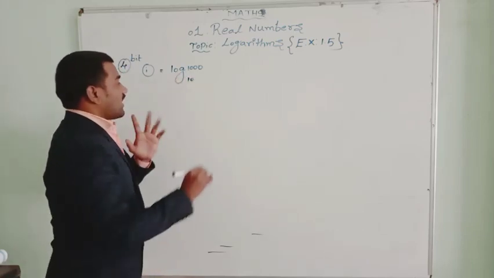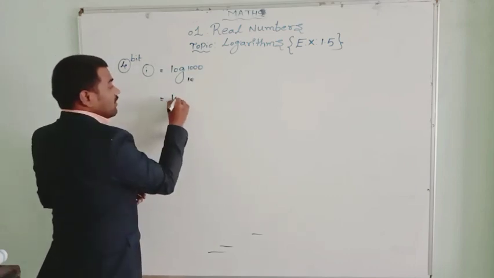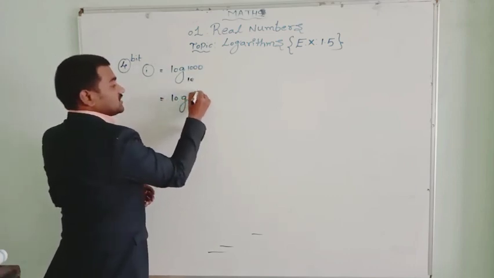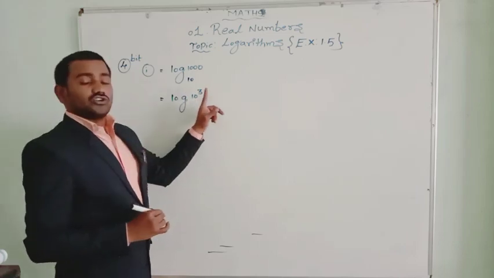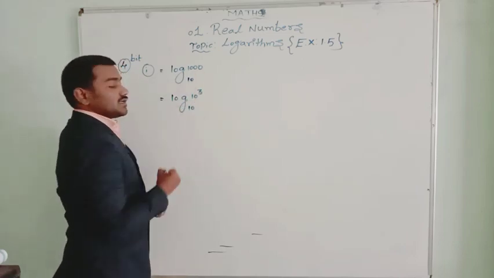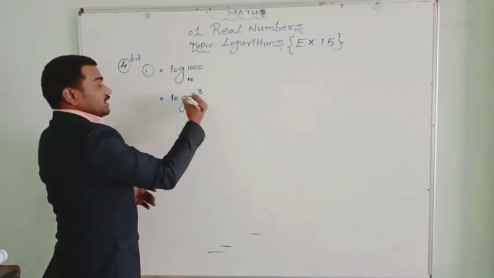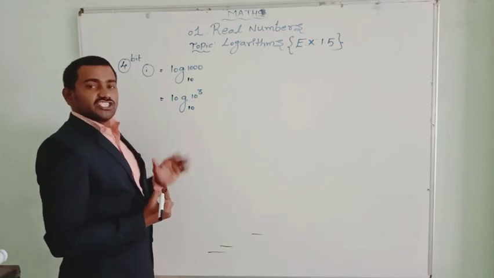Now let us simplify this. Here 1000 can be written, by using prime factorization, as 10 cube, which is equal to 1000. The base is 10. Then here we have log 10 cube base 10.